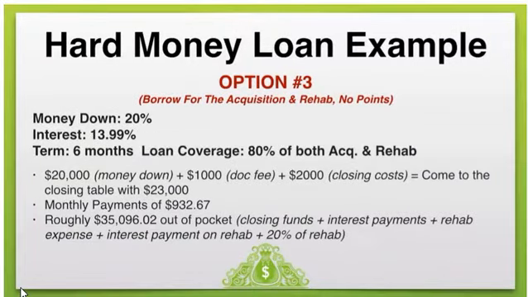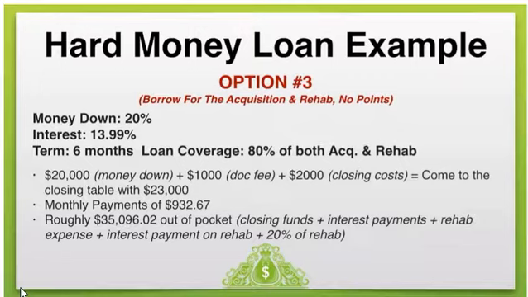And finally, a third hard money lender in town might lend you money on both the acquisition as well as the rehab. They don't charge any points, so their loan terms might look like this: money down 20%, interest 13.99%, term 6 months, loan coverage 80% of both acquisition and rehab.